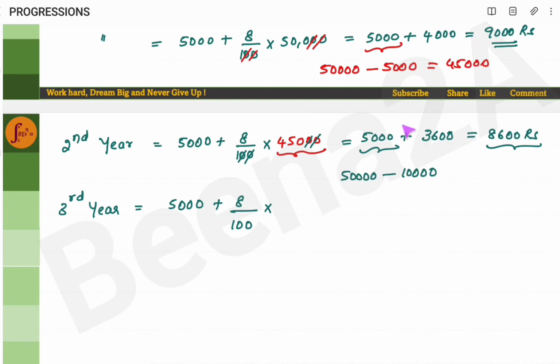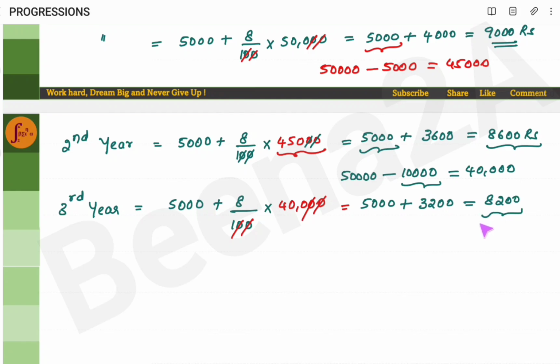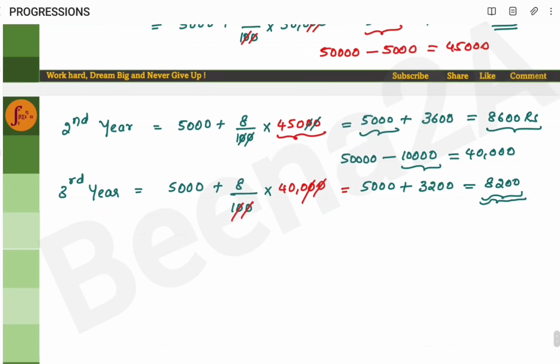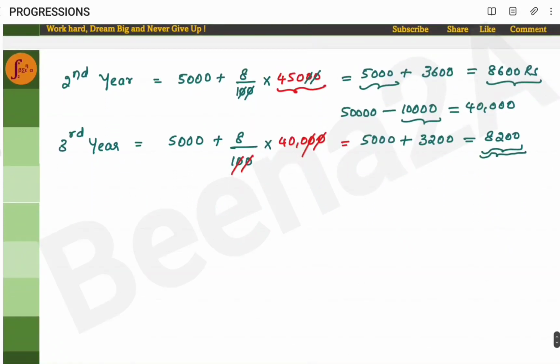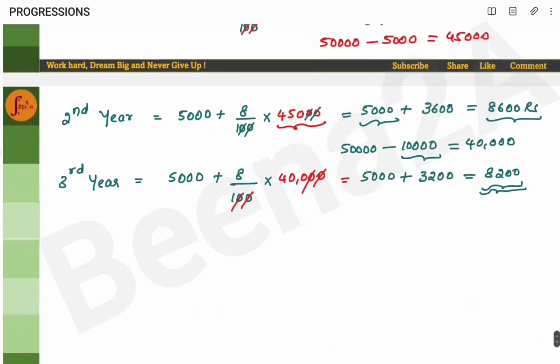He has paid 5,000 and 5,000 in 2 years, which is 10,000. So what is the balance? Balance is 40,000. So I'll put 40,000 here. I'll get 5,000 plus 3,200, which is 8,200. So in the third year I have paid 8,200 with interest, right? Now let's stop it here.